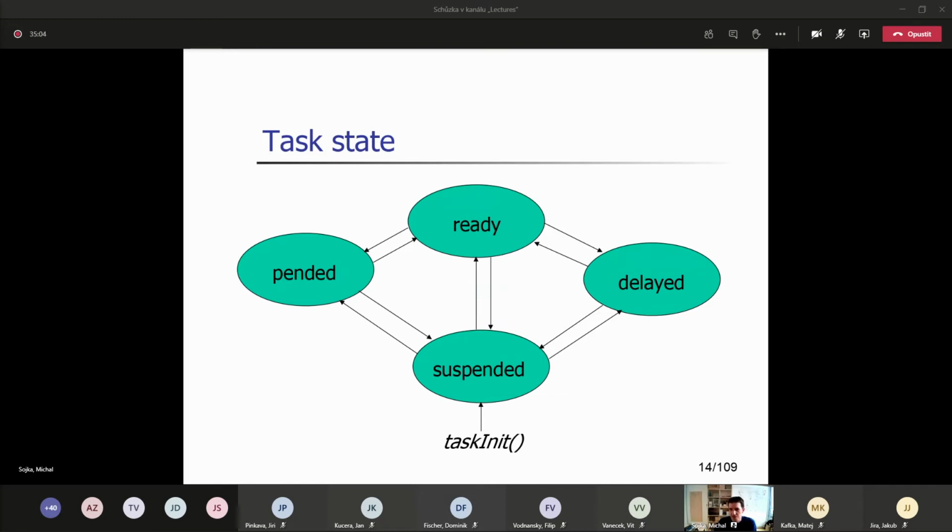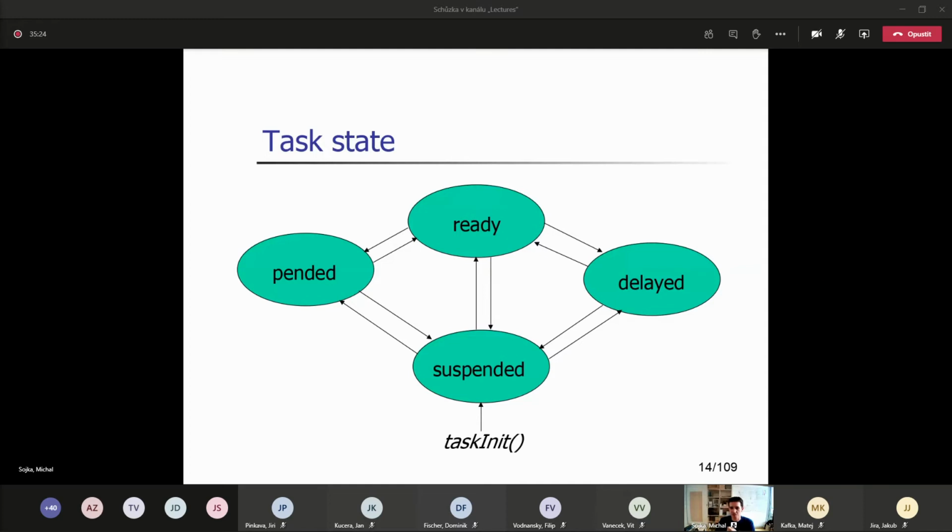If the task is waiting for some time to elapse, it's in a delayed state. And if the task is waiting for something else, typically waiting for the keyboard, waiting for the network to receive some packet, or waiting for some other task, it's in pending state. Pending means like waiting for something.